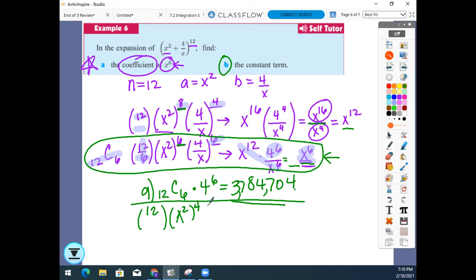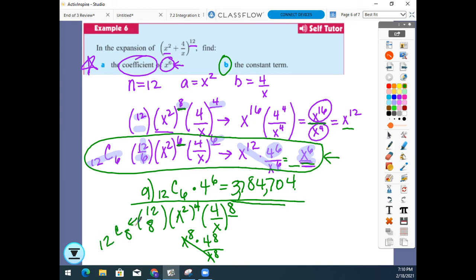Let's try this to the 4th and this to the 8th. And let's see if this would happen. So this is power to a power. That would be x to the 8th times 4 to the 8th over x to the 8th. Notice these will cancel. So this is my right combination to get a constant. So that means r is 8. So I can move over to here and find my binomial coefficient, 12 choose 8.